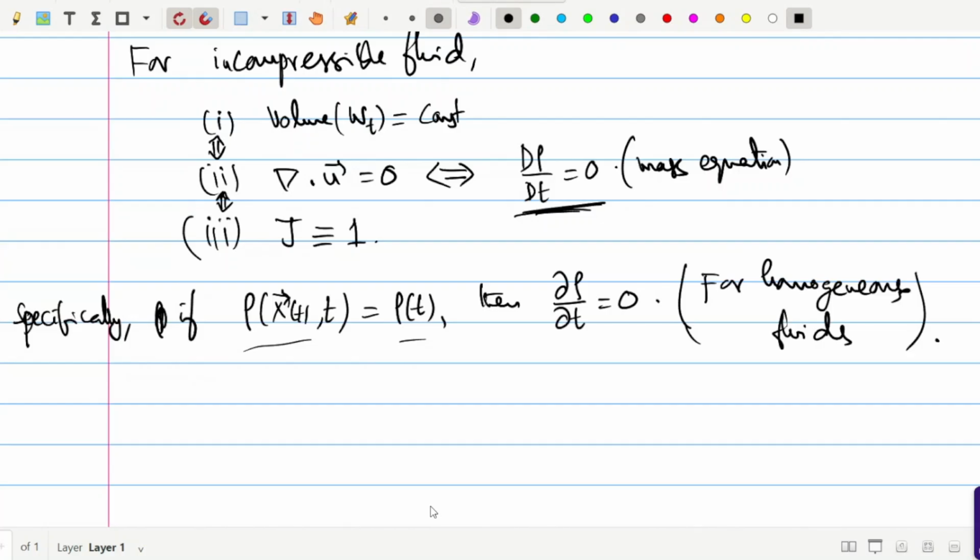So for incompressible flows, the equivalent definition is ∂rho/∂t, and incompressibility holds if and only if these are all equivalent.